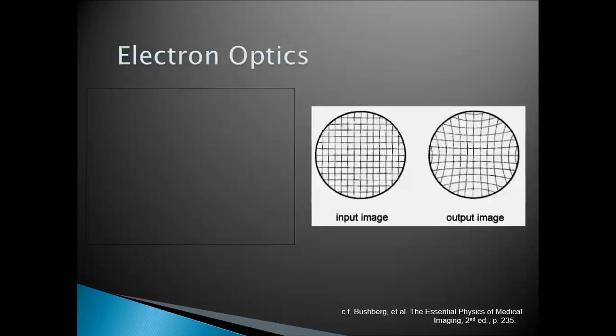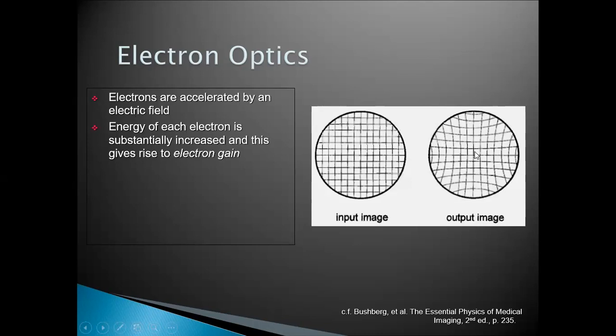the electronic optics. We saw the pincushion effect because of the circular input phosphor, which throws its image on the rectangular output phosphor. So the curvature there is represented with this artifact.